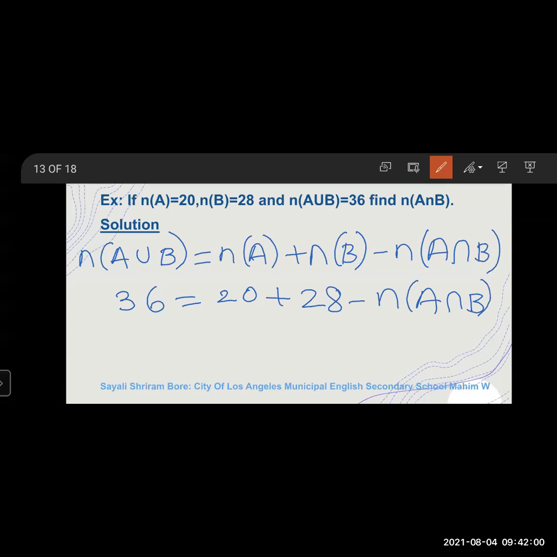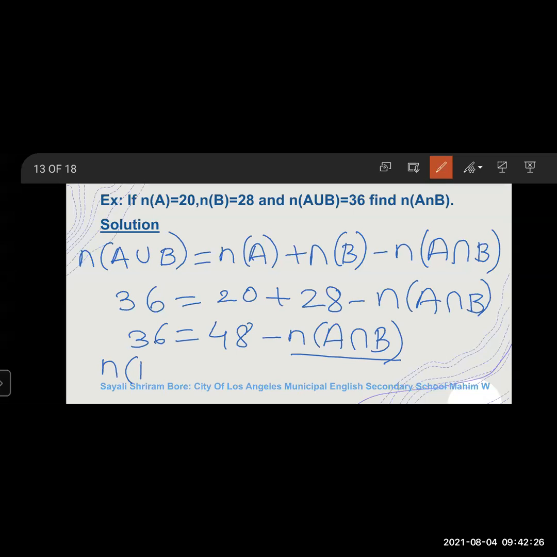So 36 is equal to 20 plus 28, which is 48, minus n of A intersection B. Either you can take 48 to your left or 36 to your right, anyway it will do. What I want to find, I will keep on the left.